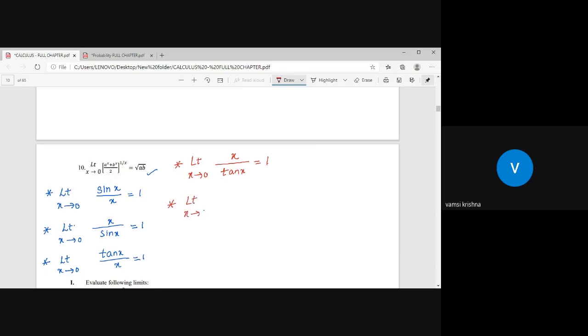Limit x tends to 0, sin ax by x is equal to a. And limit x tends to 0, x by sin ax is equal to 1 by a.